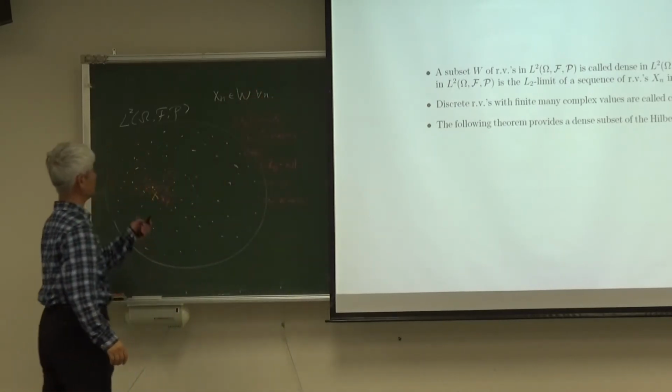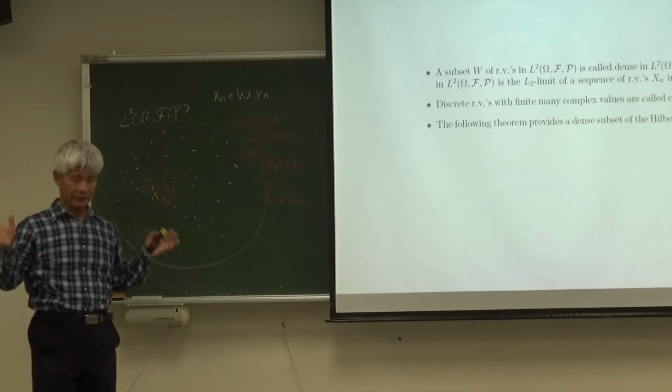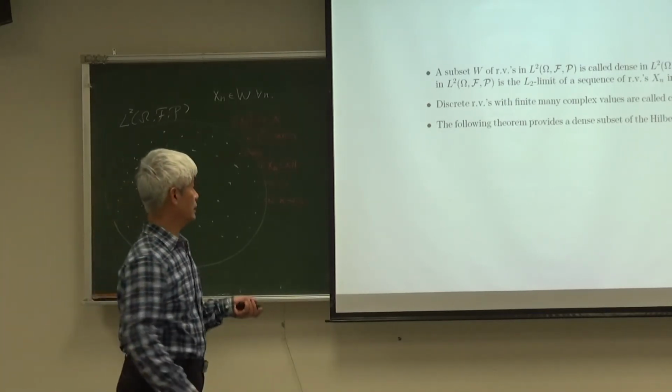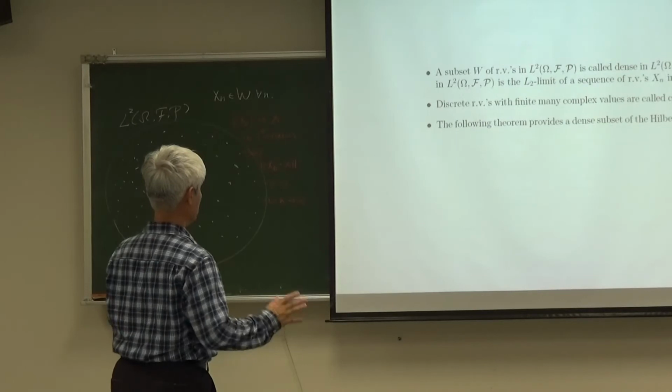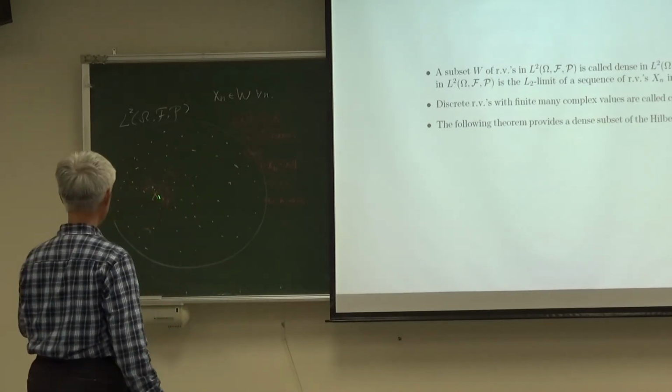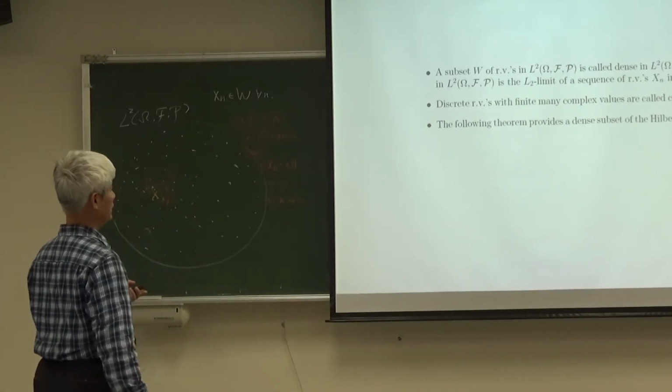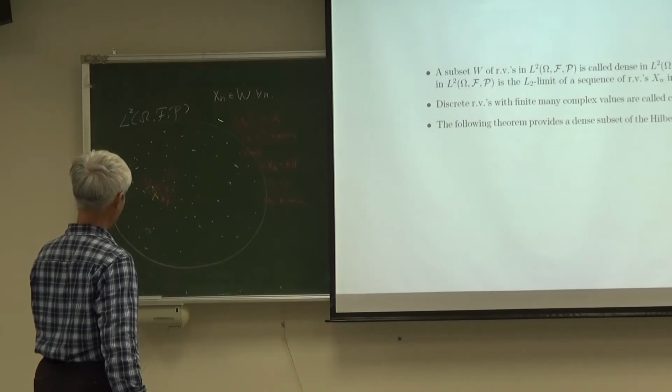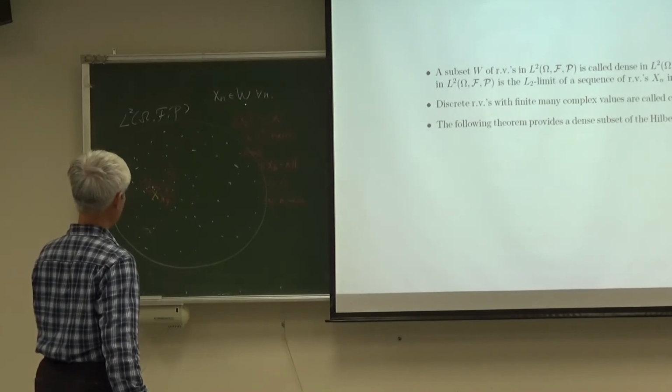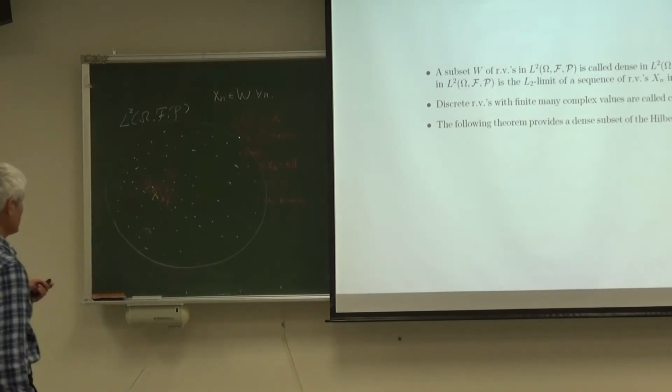So we say W is a dense set of the space if for any random variable x in the space, we can always find a sequence xn in W, and this sequence will converge to x in the L2 norm. So it's called dense. That's the idea, with geometrical meaning.